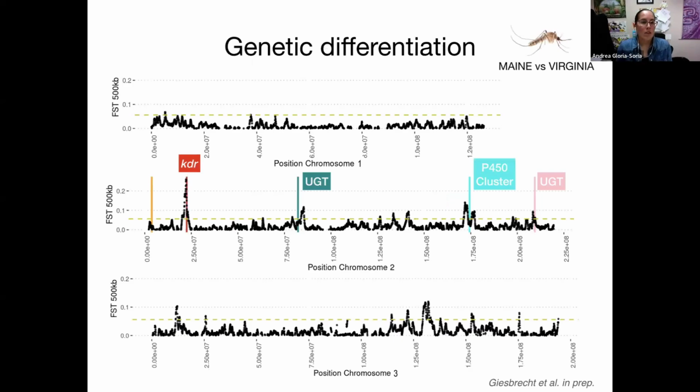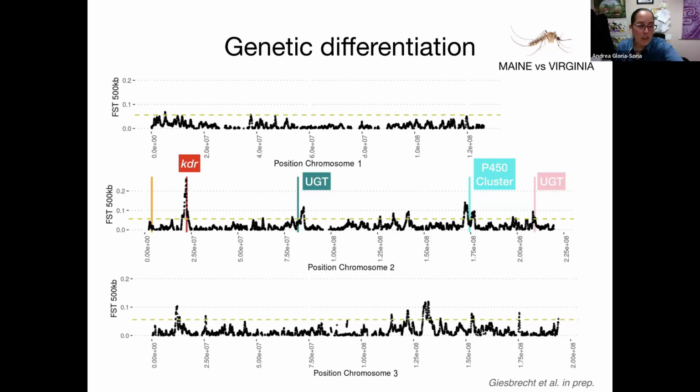This is just the first peek at that analysis, which is still ongoing. What I'm showing you here is what David did: he looked at regions of maximal differentiation in the genome between the susceptible populations of Maine and the resistant Virginia mosquitoes. And this was done in 500,000 base pair regions along the genome.